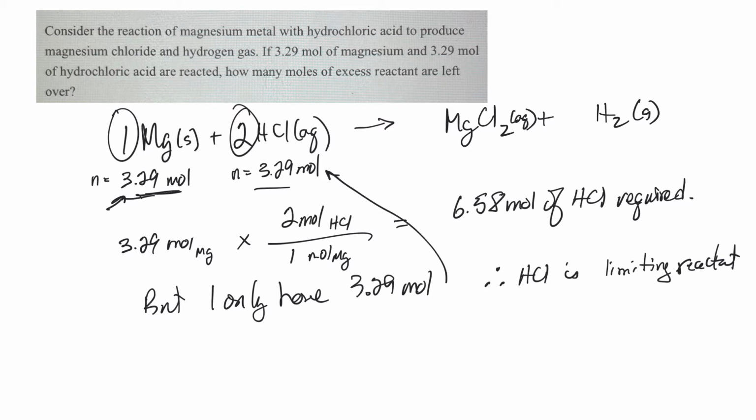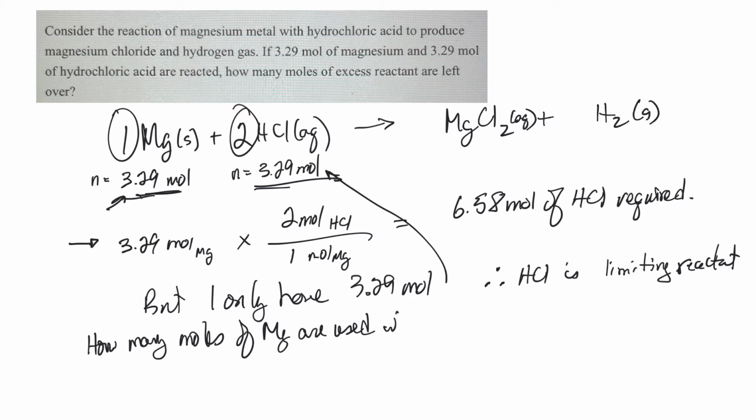So to figure out how much magnesium reacts with this, I can do the same thing as this one, but use HCl. So let's see how many moles of magnesium are used when all the 3.29 moles of HCl are consumed. Sorry about my writing.